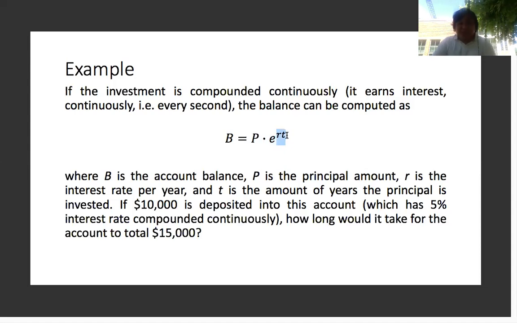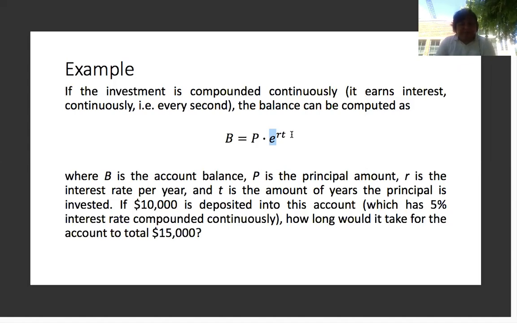Take note, e is Euler's number, 2.71, and r and t are exponents of Euler's number. So this is the account balance formula for investments which are compounded continuously.